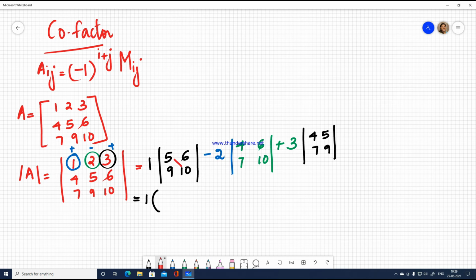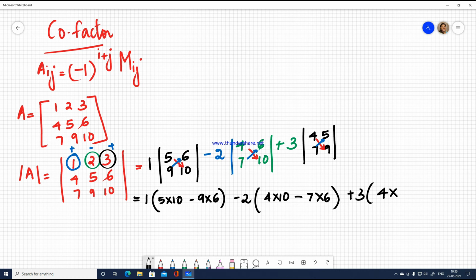The red indicates the positive and the blue indicates a negative. The upward arrow is a negative. So it will be 1 into (5 into 10 minus 9 into 6), minus 2 into (4 into 10 minus 7 into 6), plus 3 into (4 into 9 minus 7 into 5).